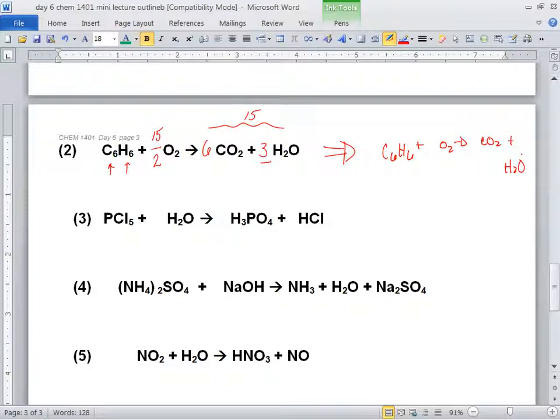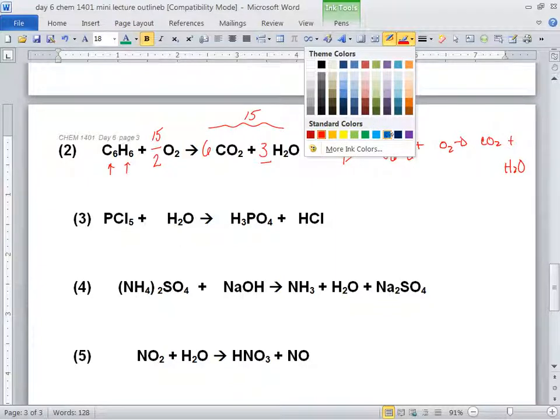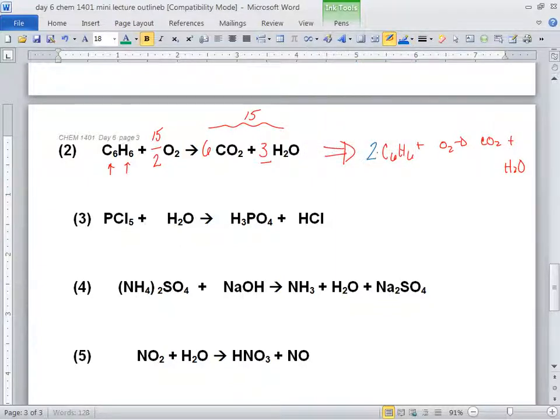So I ended up with how many C6H6s? 2 of them. And how many oxygens? 15. And how many CO2s? 12. Megan knows. How many waters, everybody? 6. And that's the best answer you can give.